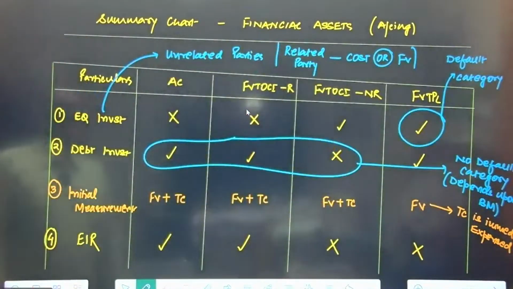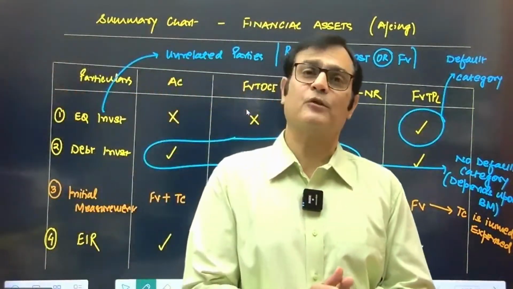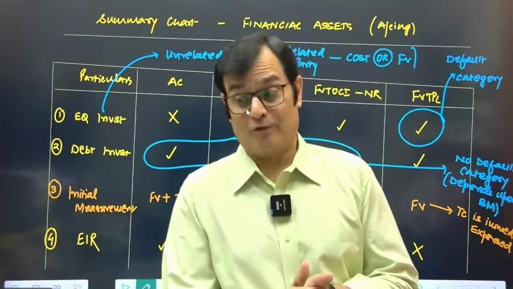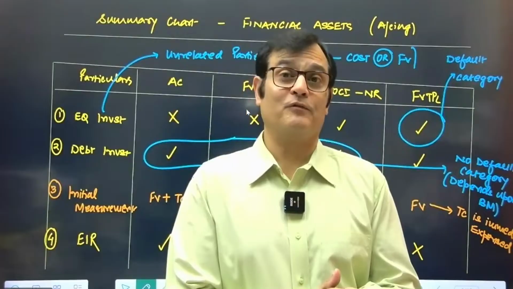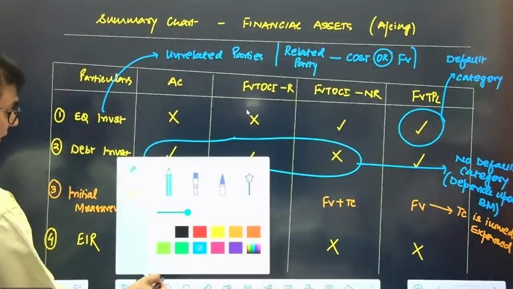So let me also remind you and put it in this particular chart that when you're considering EIR, there were 3 situations which will trigger the concept of EIR: premium, discount, and transaction cost. Great.